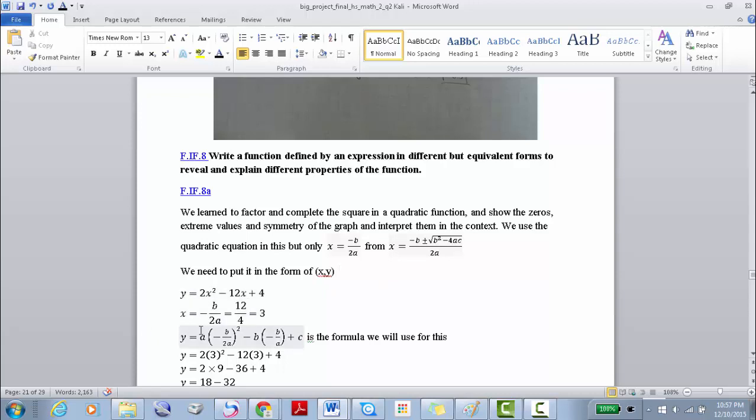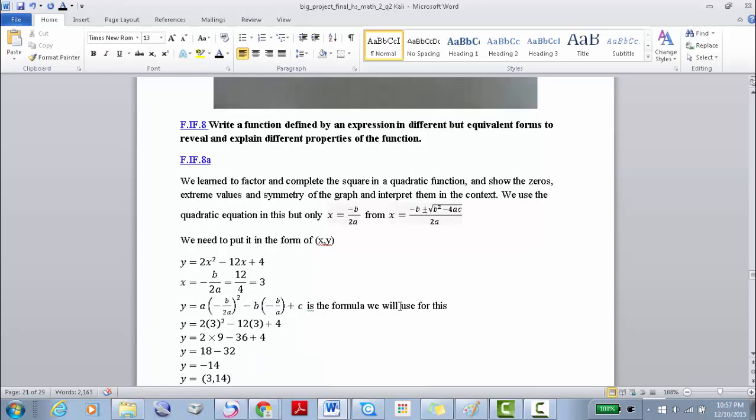So the question is y equals 2x squared minus 12x plus 4. First we write the formula, which is x equals negative b over 2a equals 12 over 4 equals 3.